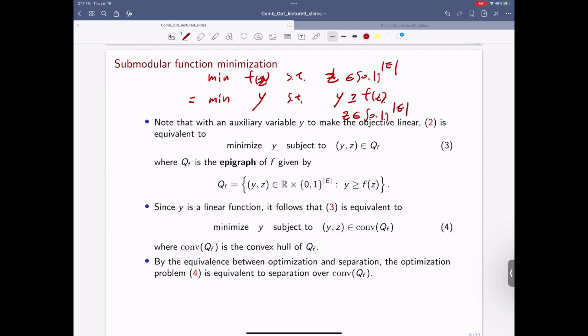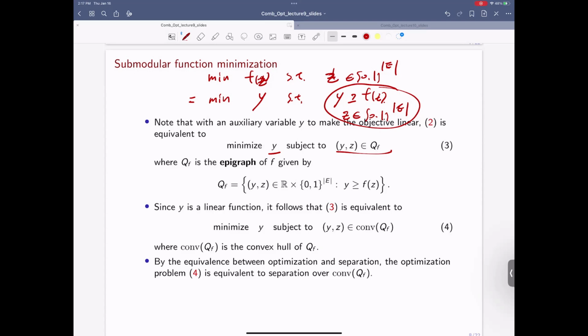Okay, so if you define the set of vectors (y, z) which satisfy these two conditions, and denote the set by Q of f, then the problem is equivalent to minimizing y, where (y, z) belongs to the set Q_f.